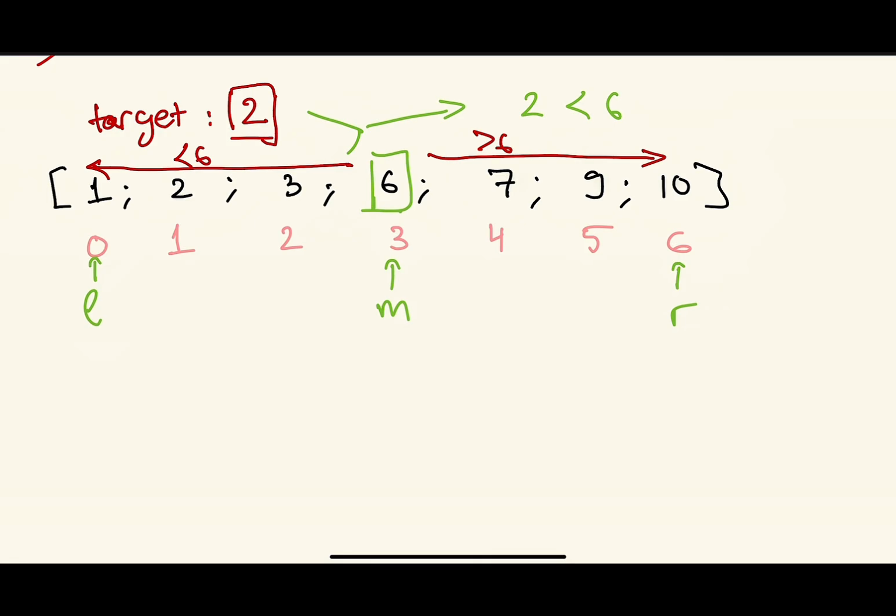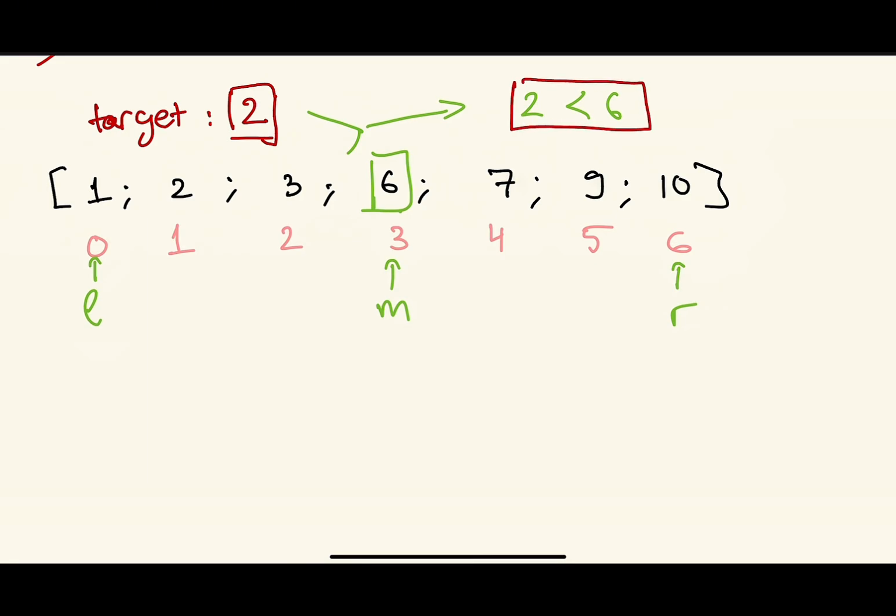That is the very important thing. So as 2 is smaller than 6, you know that 2 cannot be to the right of 6, because to the right of 6 are numbers bigger than 6. So you can only search this area.